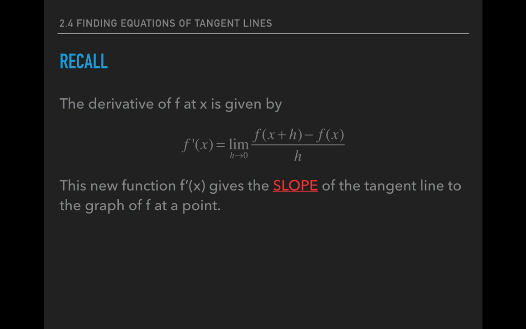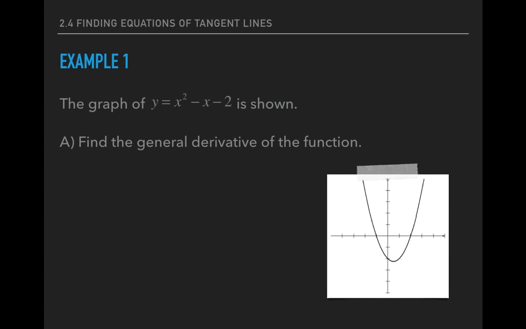It is just the slope of the tangent line to the graph of f at a point. So when you find the derivative, you're only finding the slope. And in this section, we're not only going to find the slope, we're going to find the equation of that tangent line. So let's get started with our first example.